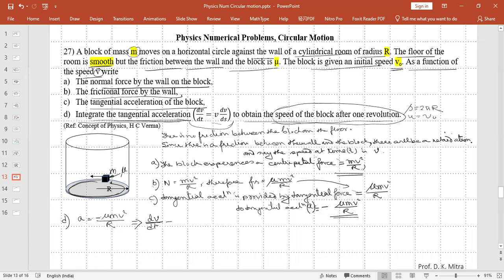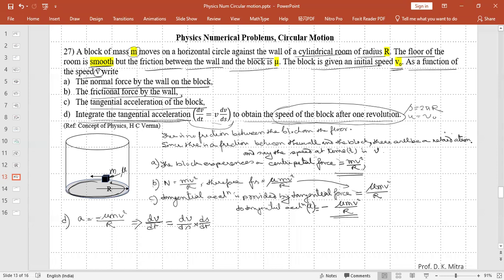And by using the common method of differential calculus, dv by dt can be written as dv by ds multiplied by ds by dt, because I just multiply numerator and denominator both by ds.